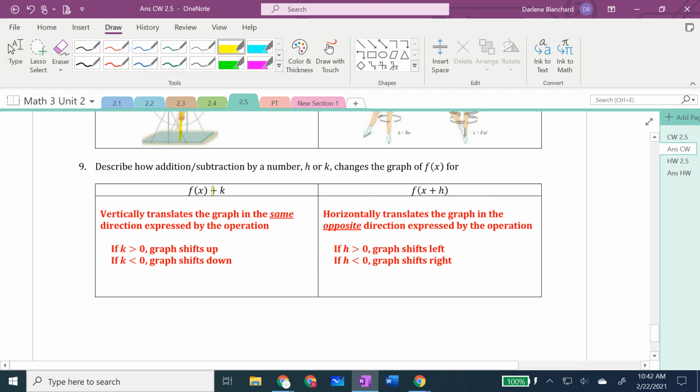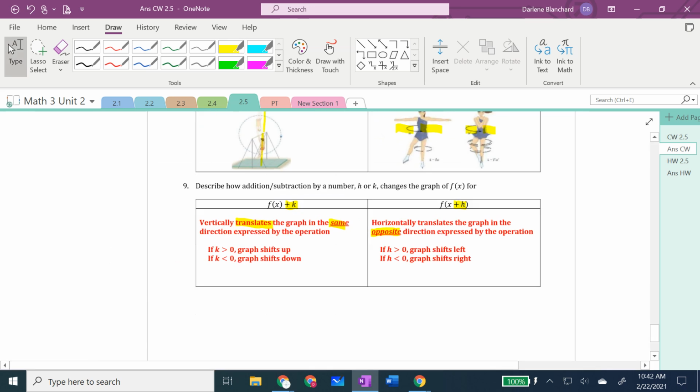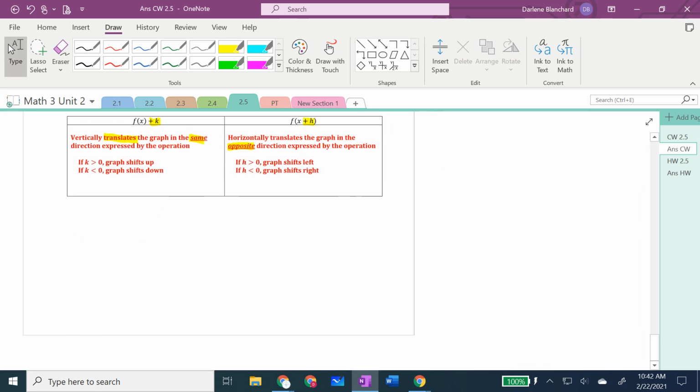If you see addition or subtraction outside the function, then it's a translation in the same direction. But when the addition or subtraction is with the x, it translates it horizontally in the opposite direction. I'm hoping you can come to a really big conclusion here.